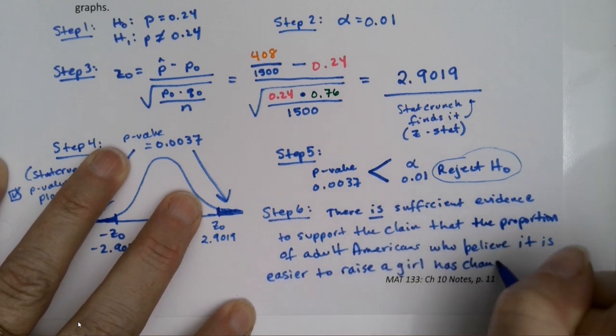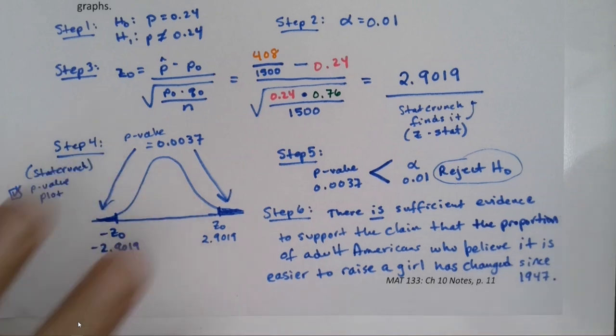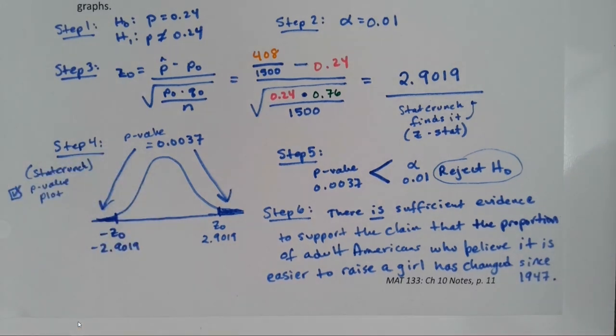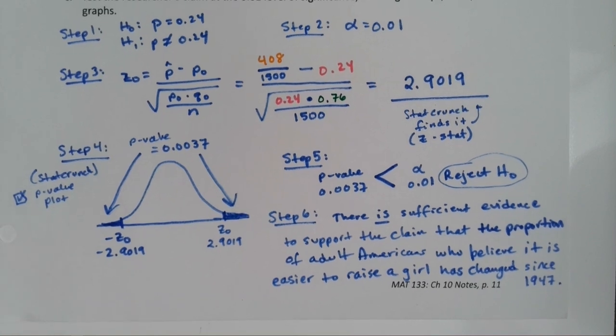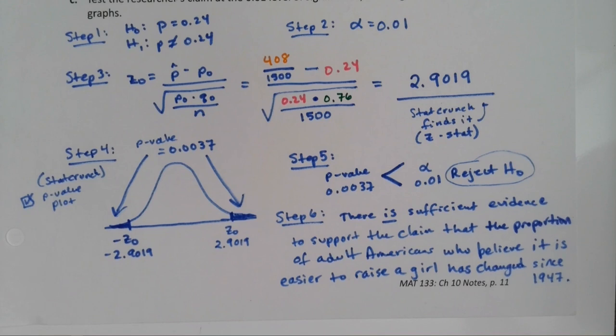I mean, if you want to add changed how, changed since 1947, because that was the original time frame for the original value. And there we go. We've done our first hypothesis test, all 6 steps, including our verifying requirements. The requirements will not always be asked for. Just a little FYI.